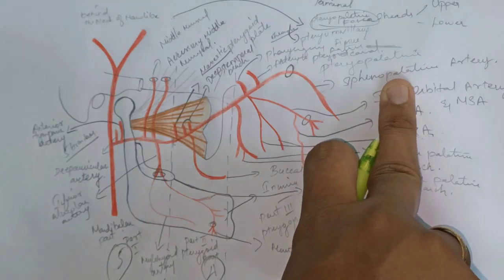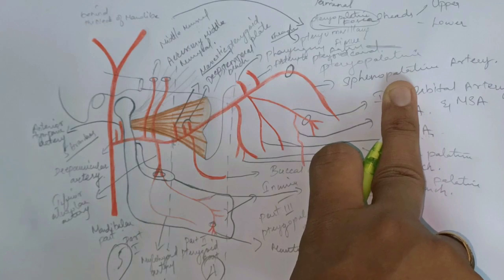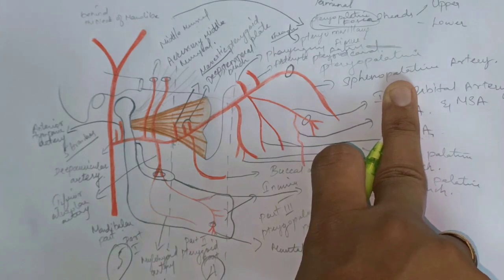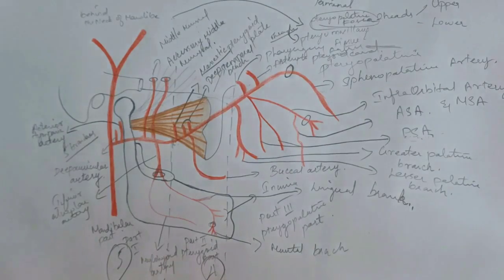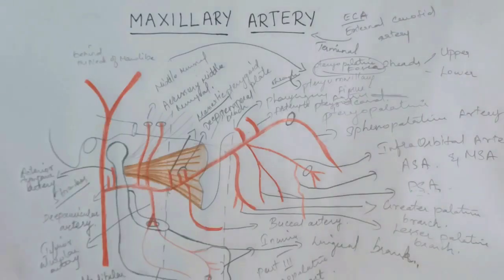This is the third branch of maxillary artery. It enters the nasal cavity in the posterior part of the superior meatus through the sphenopalatine foramen. Here it gets divided into two parts, that is your posterior lateral nasal and posterior septal branches.